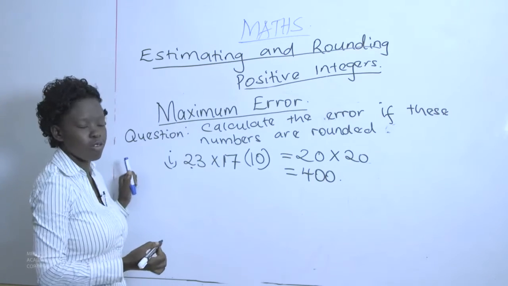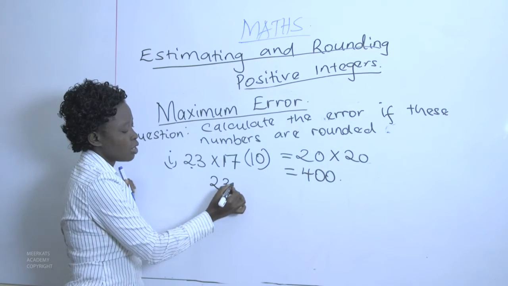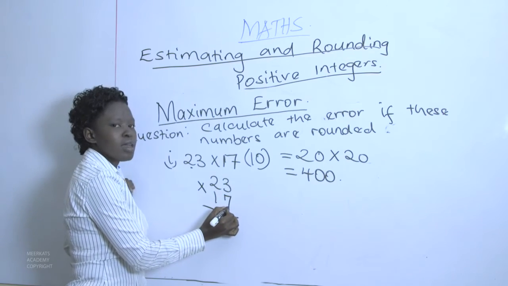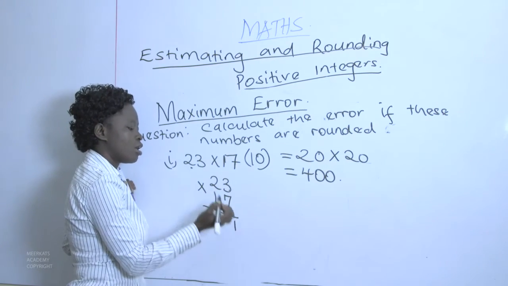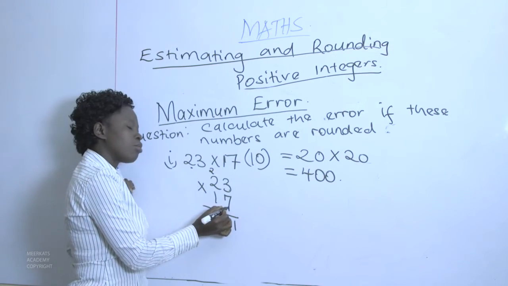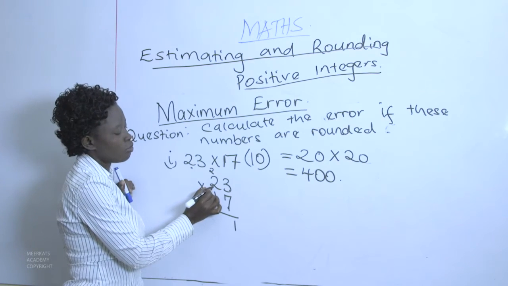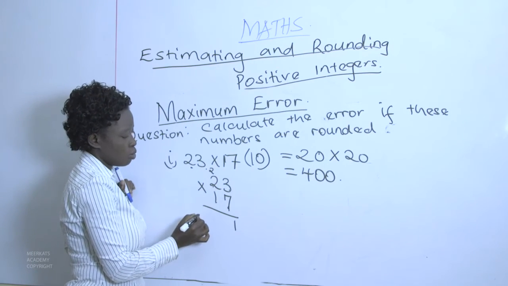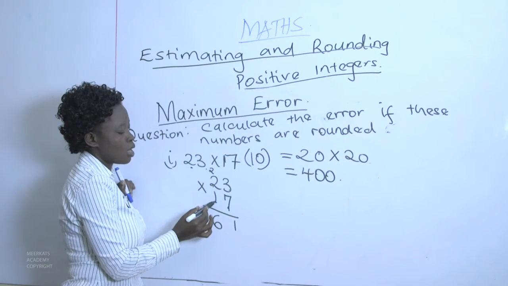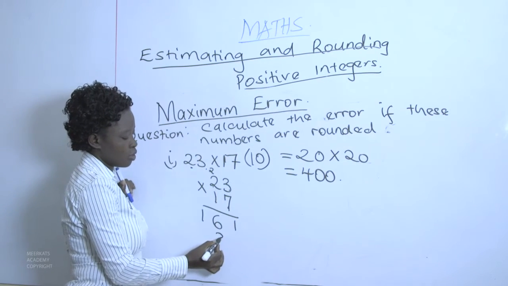But the original figure is 23 multiplied by 17, so that 7 times 3 is 21. We write 1, carry 2. Then 7 times 2, that is 14. 14 plus 2, we get 16. Then next we have 1 times 3, which is 3.